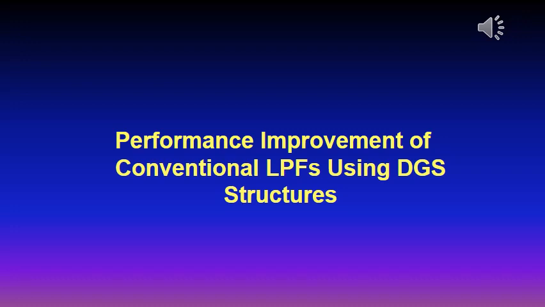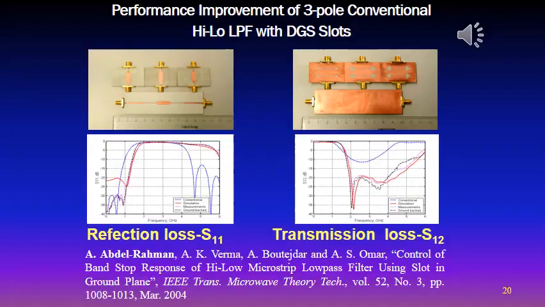Defected ground structures are introduced to improve the performance of different types of filters, low pass and band pass filters. For example, it has been introduced to improve the performance of the stepped impedance low pass filter by realizing high inductance values using defected ground structures.